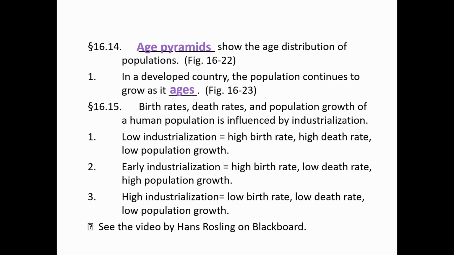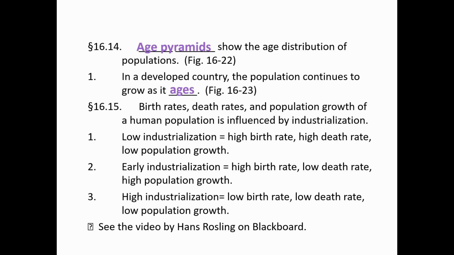When we look at early industrialization, where we're looking at big changes in terms of economics, healthcare, and access to education, we see that the birth rate still stays high, but the death rate is now lowered because we have better access to education, healthcare, and employment. And so that's going to allow us to have a high population growth.